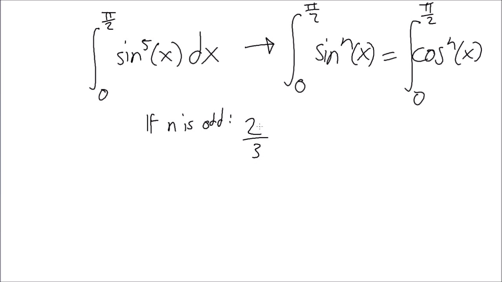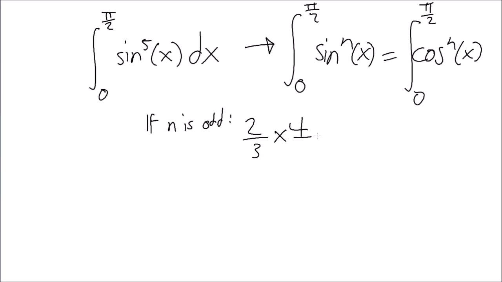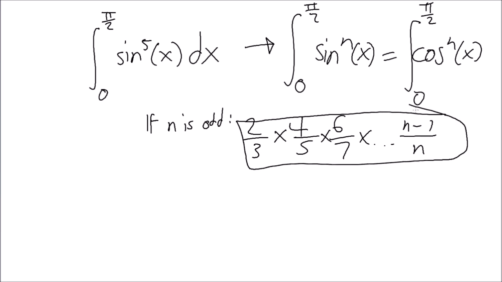So if n is odd, it's 2, 3, 4, 5. And this will be your answer for this one, right? And for any odd number n, you keep going until you reach your odd number n, and this would be your answer. Okay.